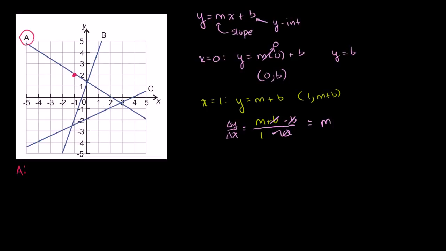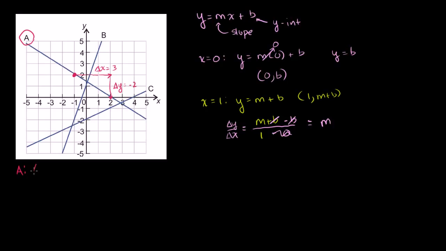So let's see, if we run 1, 2, 3. So if our delta x is equal to 3, right? 1, 2, 3. Our delta y, and I'm just doing it because I want to hit an even number here, is equal to, we go down by 2. It's equal to negative 2.